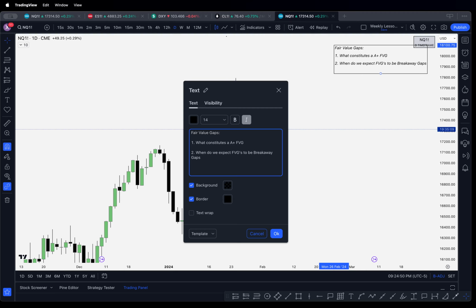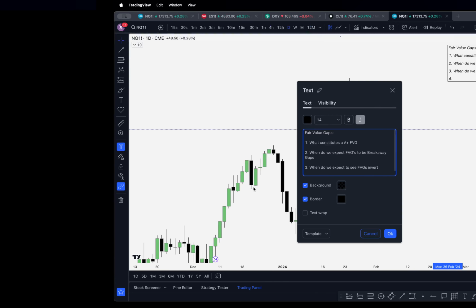And then when do we expect to see FVGs invert? Are there any other concepts I want to cover in fair value gaps besides these three big ones?